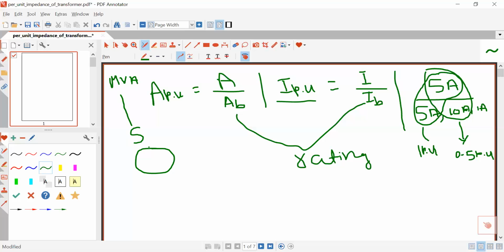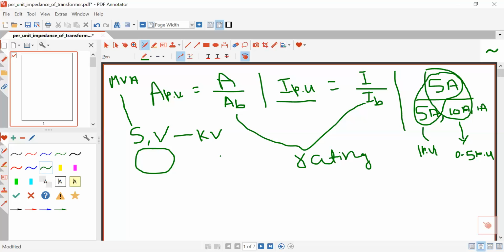or in kilovolt ampere, kVA, and voltage. For a large machine, it will be in kilovolt, and for a small machine, it will be in volt. Usually machine ratings are given in terms of S and V, in terms of complex power and volt. And for a resistive load, the rating is usually given in terms of active power and volt.